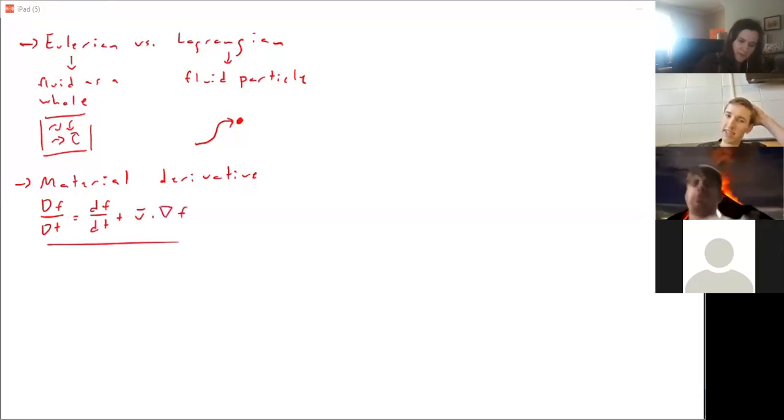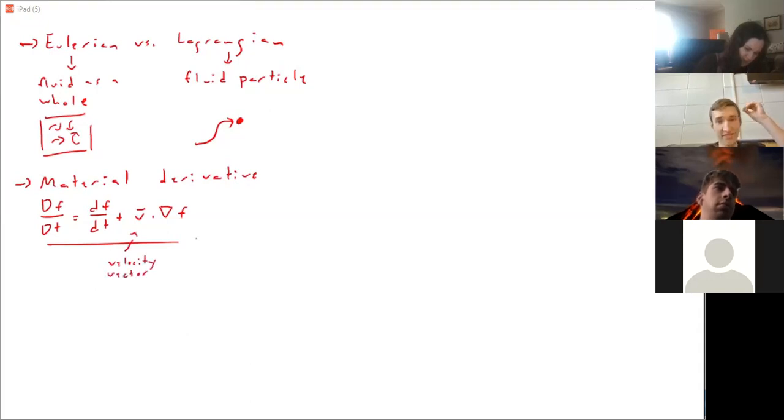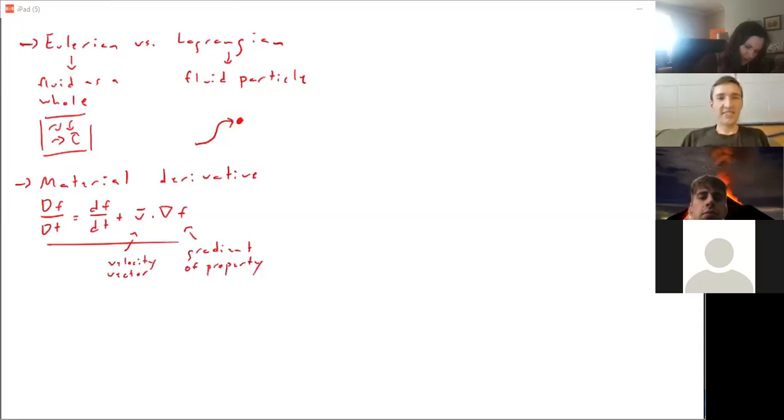Okay, like so, where if you will recall, you know how to do a dot product. So this is a velocity vector. And this is the gradient of whatever property field we're talking about.